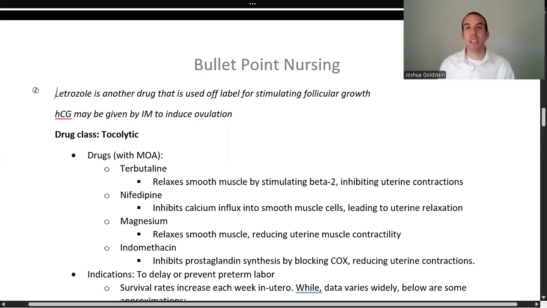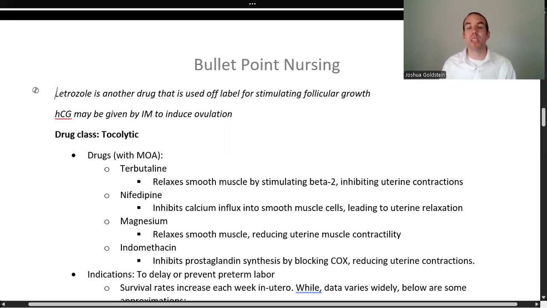On a secondary note, if that's not going to be our goal, then our goal with giving these drugs would often be one of 2 things: either to delay delivery maybe another day or 2, so that we could give babies steroids to develop them a little bit more if we know that, whether we like it or not, baby's going to be here in the next few days and we're not ready for it yet. Or the other thing, we may do this just to delay a few hours until mom, at this point holding baby inside, can get to a facility that can handle it.